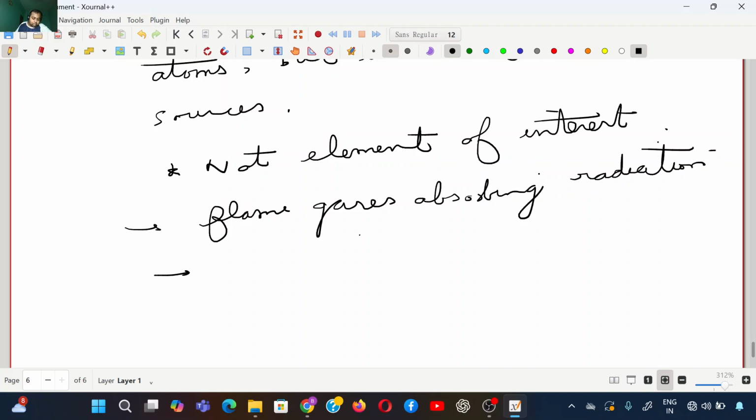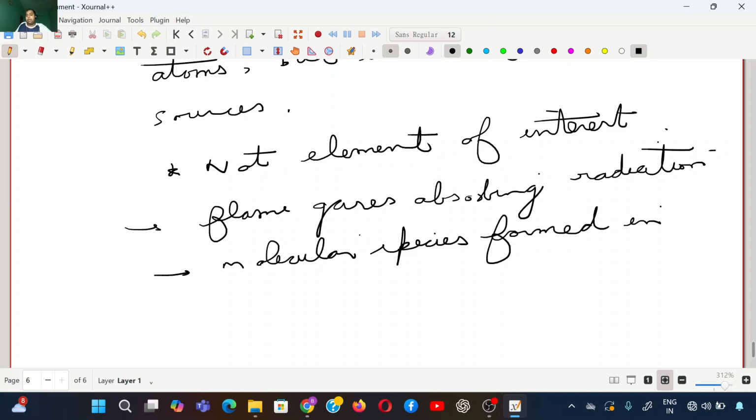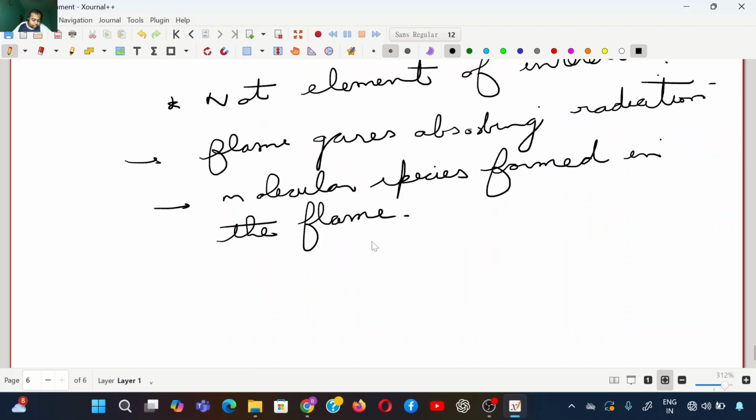You can have molecular bands forming, molecular species forming in the flames, right?